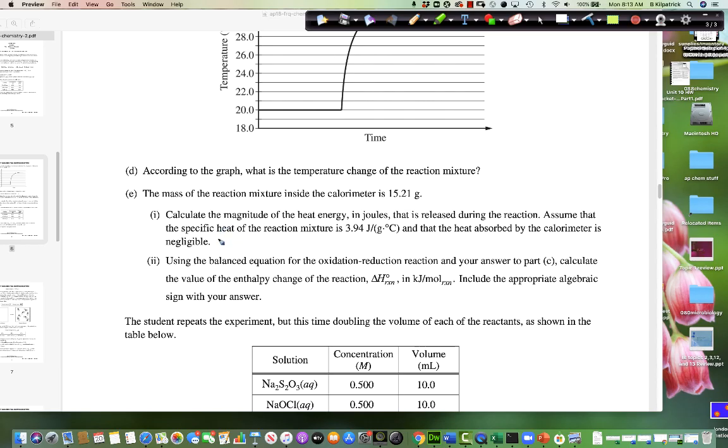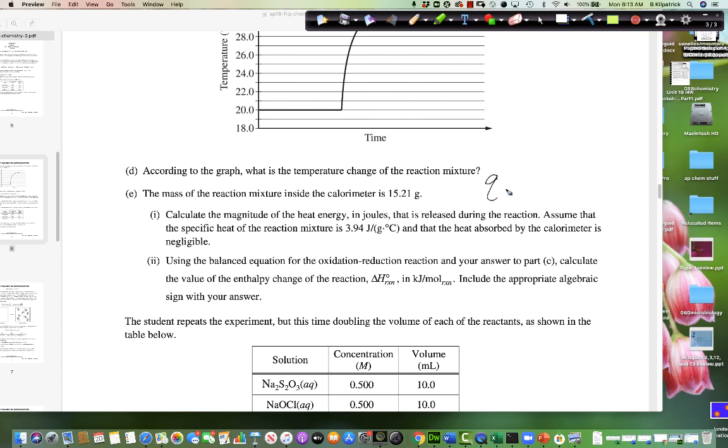And then the next part of the question says, calculate the magnitude of the heat energy in joules released during the reaction. And it gives you a specific heat capacity of the reaction mixture, and then we don't need to worry about the container. So we have specific heat capacity, we have a mass, we have a delta T because we just did that, and so that means we're going to be using Q equals mcΔT.